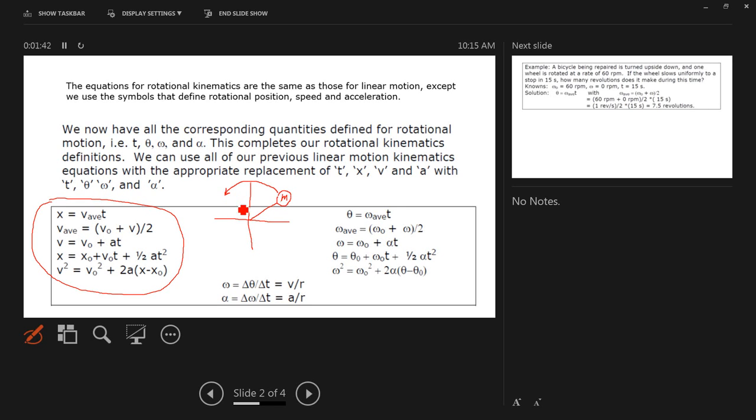Then its position X and Y can actually be determined by knowing the radius R from the origin and the angle theta.